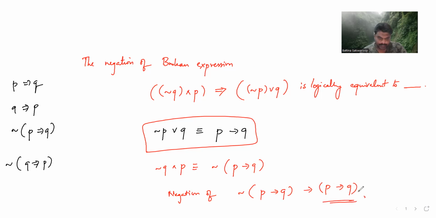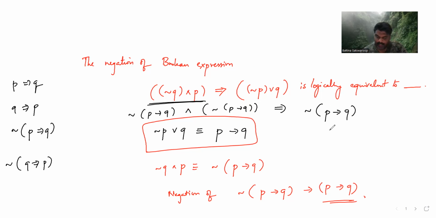Correct? Yes, sir. So now what are you getting here? Negation of P implies Q, or negation of P implies Q. That would mean negation of P implies Q. Correct?